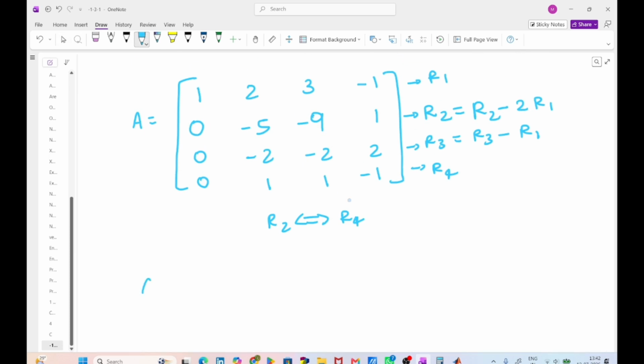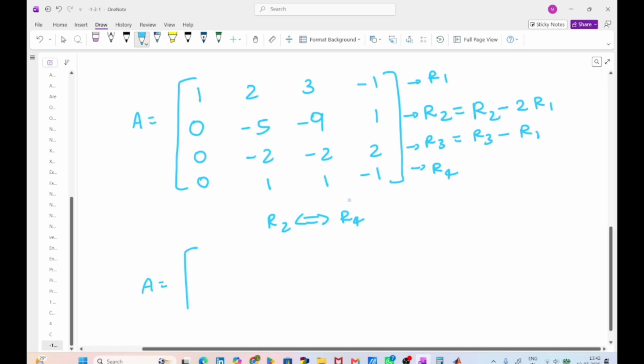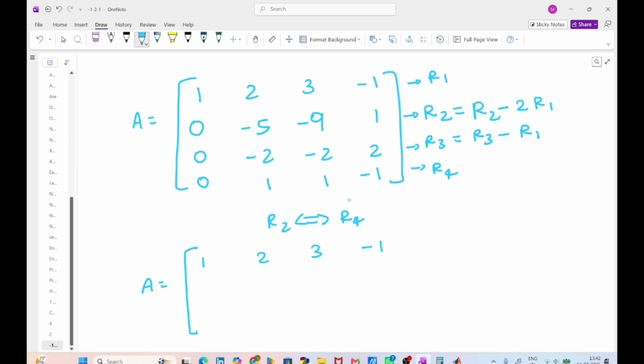Let's write A is equal to 1 2 3 minus 1, 0 1 1 minus 1, 0 minus 2 minus 2 2, 0 minus 5 minus 9 1.